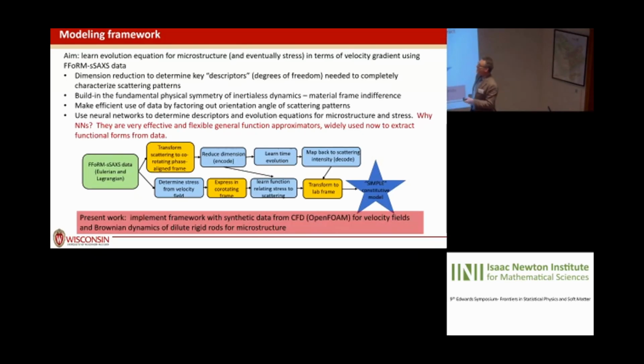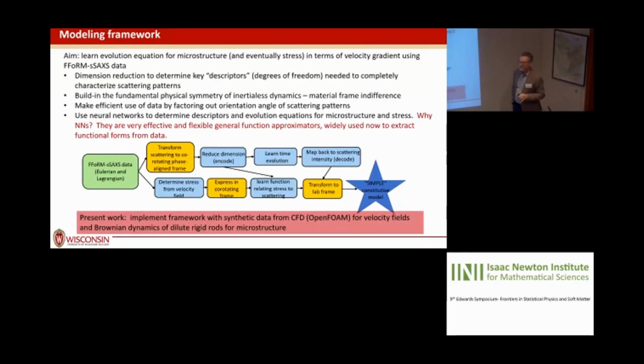What I'll be talking about here, we will use neural networks to determine the descriptors and the evolution equations. I'll talk a little bit toward the end about some initial steps that we're taking. If you have approximate governing equations, for example, then you can use those as well. We're using neural networks because they're flexible and general.